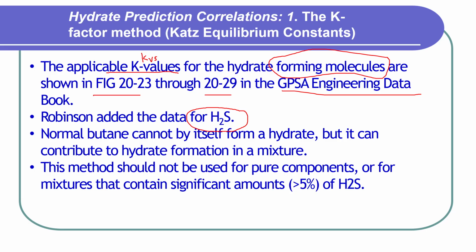This method should not be used for pure components or for mixtures that contain a larger amount of H2S, more than 5%, which gets back to the point of applicability. Both the Katz equilibrium method and the Katz specific gravity method are based on the fact that you are dealing with sweet gas, not sour gas.